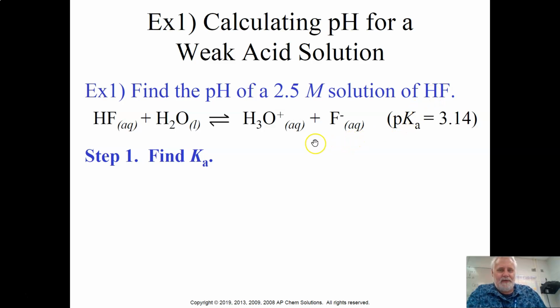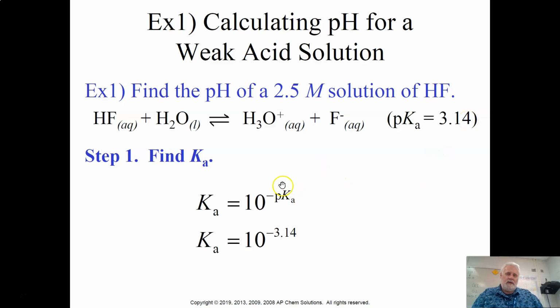So what we have to do is figure that out using the Ka of this equilibrium system, which we're not sure which way it slides. We're guessing it's going to be pretty strong in this direction because it's a weak acid. And this does give us some hints that the pKa is 3.14. So we need to get that as a Ka because that's the true equilibrium constant.